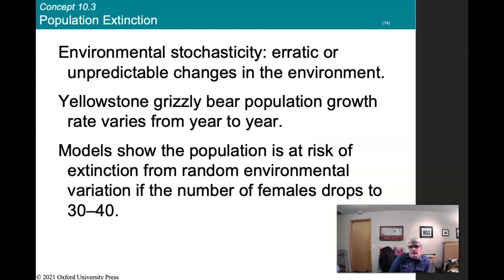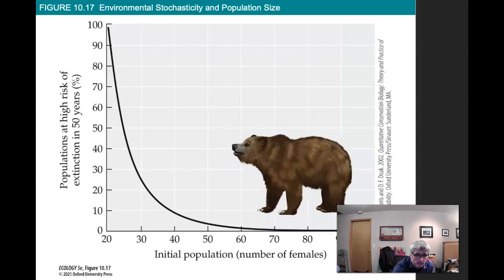Environmental stochasticity is erratic or unpredictable changes in the environment. The Yellowstone grizzly bear population growth rate varies from year to year. Models show the population is at risk of extinction from random environmental variation if females drop below 30 or 40.